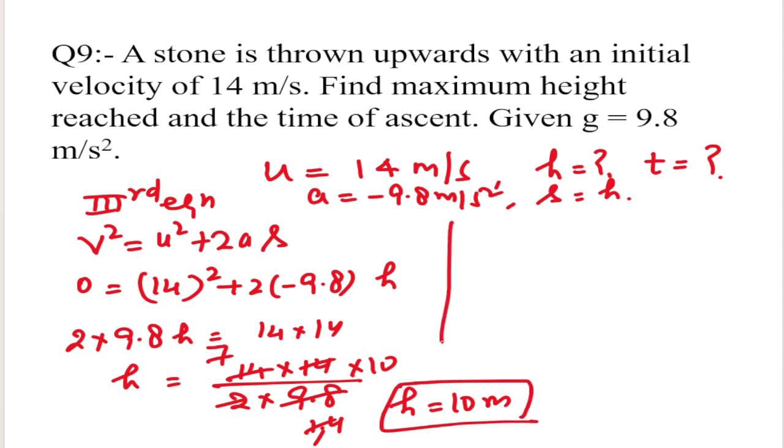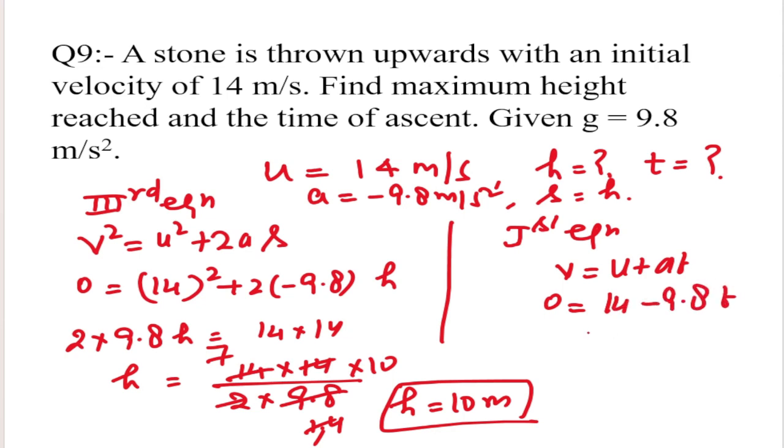Now to find the time, use the first equation. v equal to u plus at, v is 0, u is 14, a is minus 9.8 into t.